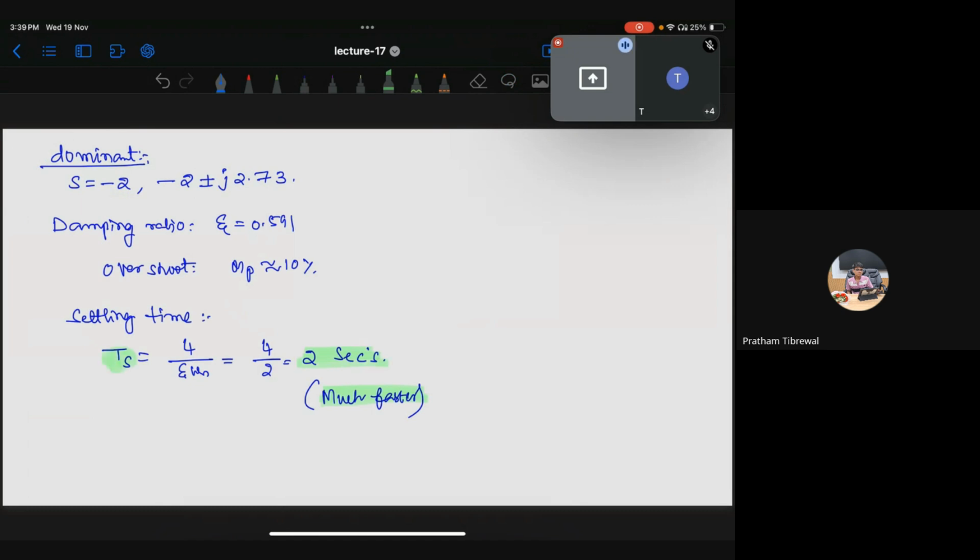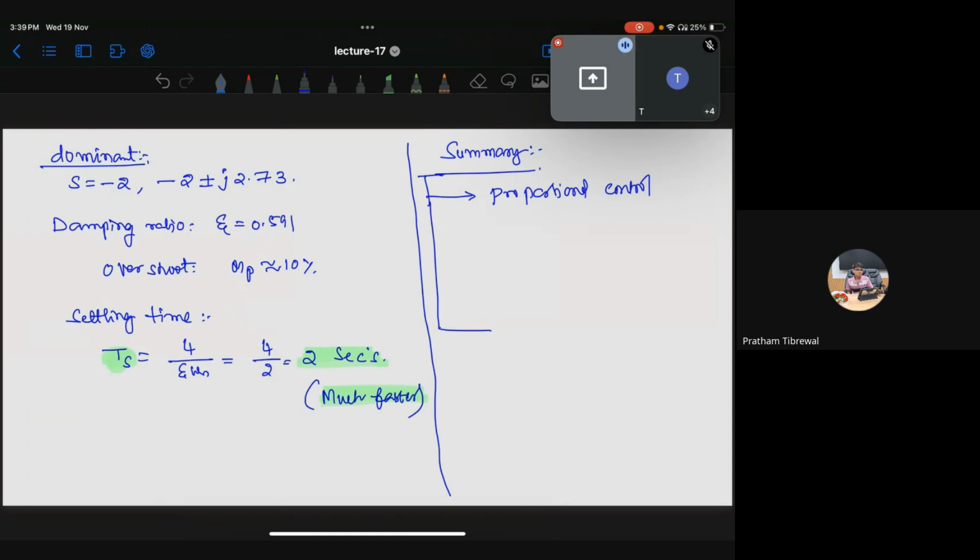Previously, let me write it as a summary. First with the proportional controller, second with the PD control.